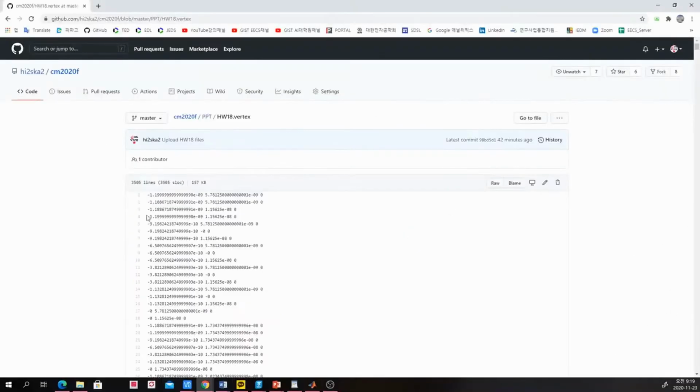Of course, here we have the x coordinate and y coordinate. With these three lines, we can place three different points.